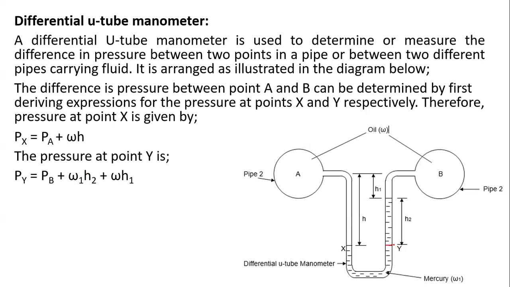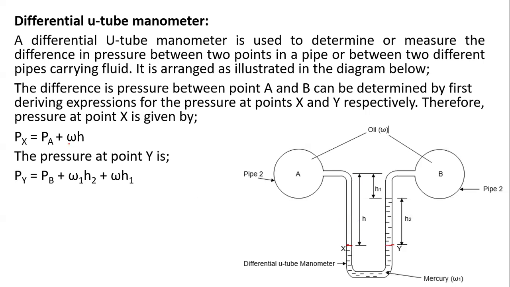Let me go through this again. We're saying that the total pressure acting at this point X, right here, has 2 effects. The first one is due to the weight of the liquid above it, and to get it, we use the formula for static pressure, which is specific weight times height.